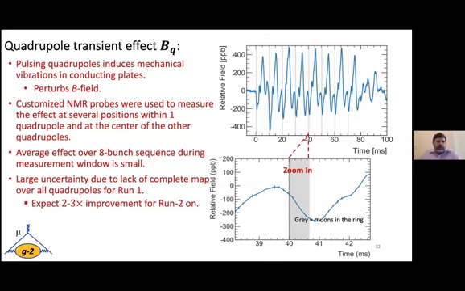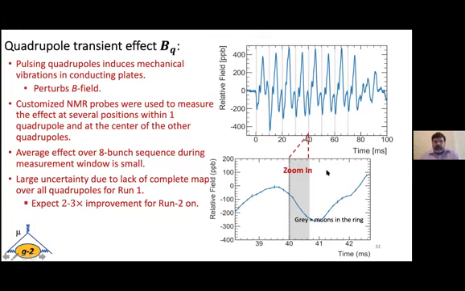And so to deal with this, we built customized NMR probes to basically measure the effect. And this was done at several positions within one of the quadrupoles, and it was done at the center of the other quadrupoles.